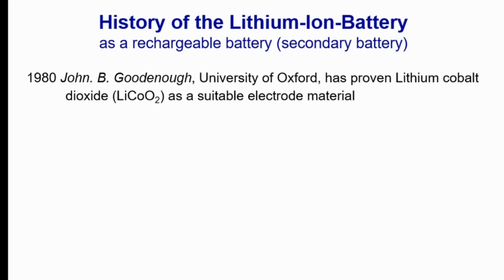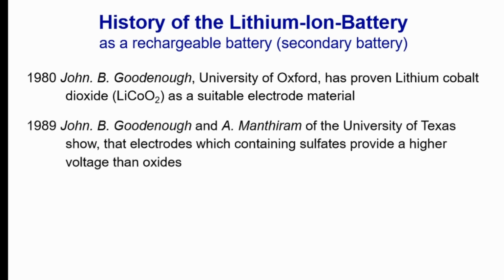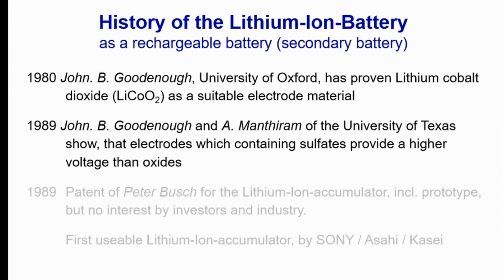In 1980, Professor Goodenough from the University of Oxford proved lithium cobalt dioxide is a suitable electrode material. Together with Mr. Mantiraman from the University of Texas, he showed that electrodes containing sulfates provide a higher voltage than the formerly used oxides.